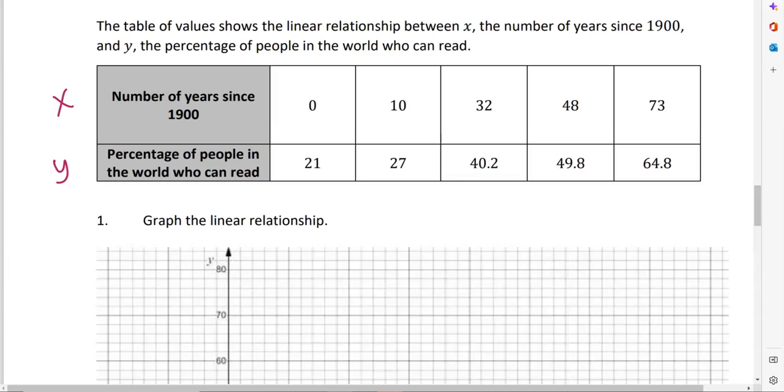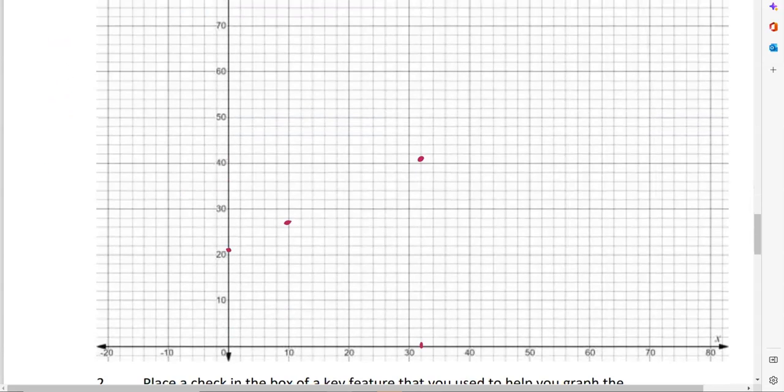Do we see how I'm marking these points? An x of 48, a y of 49.8. Okay, an x of 48, that's here. A y of 49.8, that's there. So they're going to meet at this point. All right.